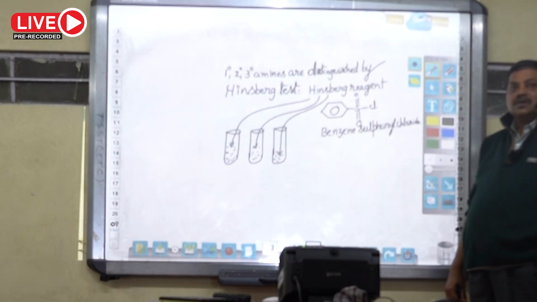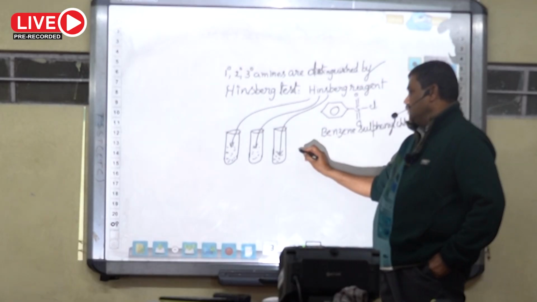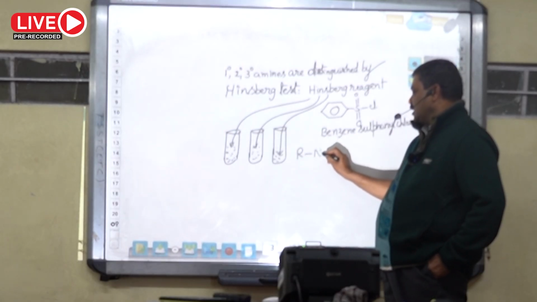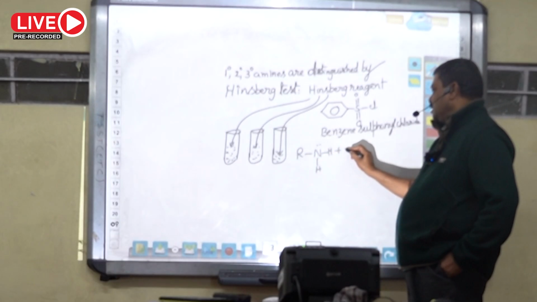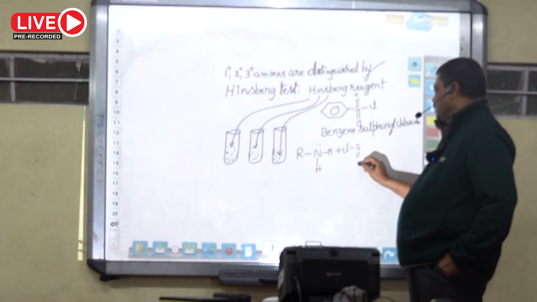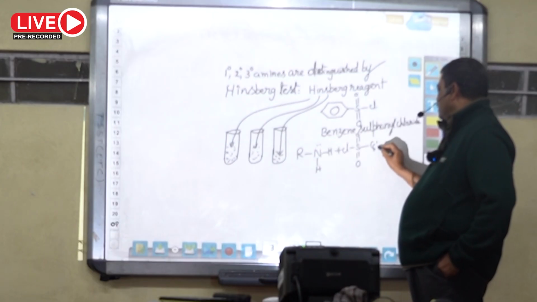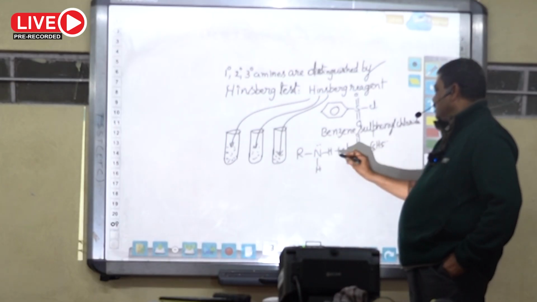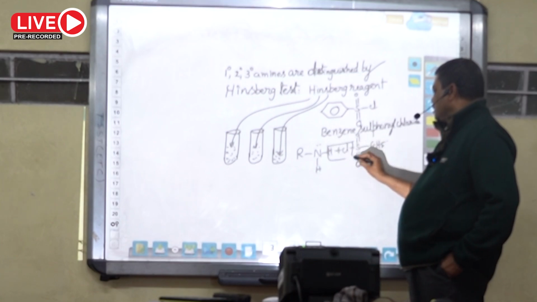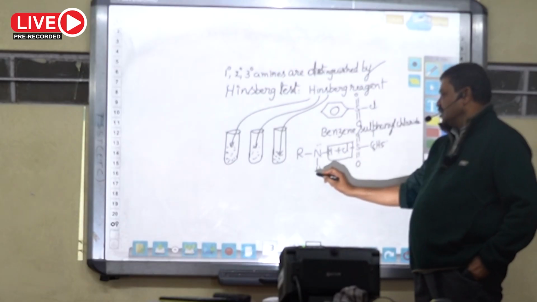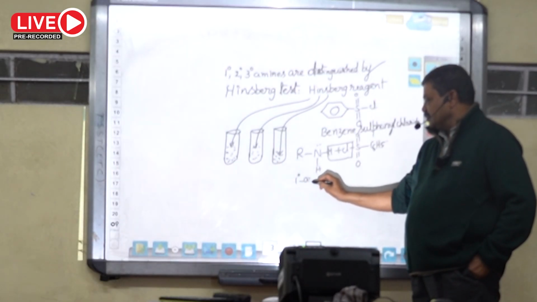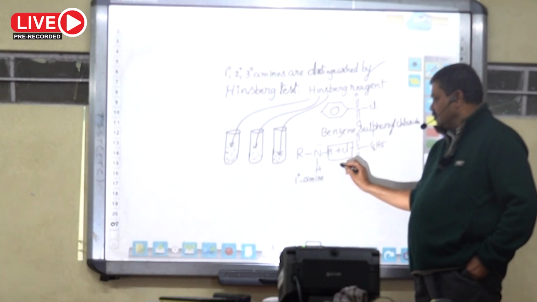So if it is primary, amines are characterized by RNH2 group. They react with Hinsberg reagent. HCl is eliminated. This is primary amine. Minus HCl.